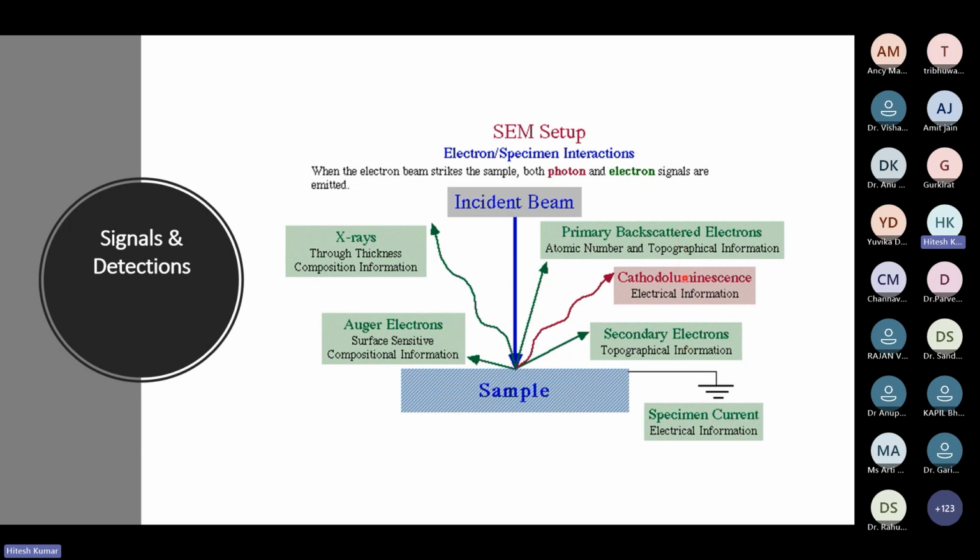Parallelly, when interactions take place, there is energy transfer as well as energy loss. That energy is used to identify what chemical composition you have in your sample.